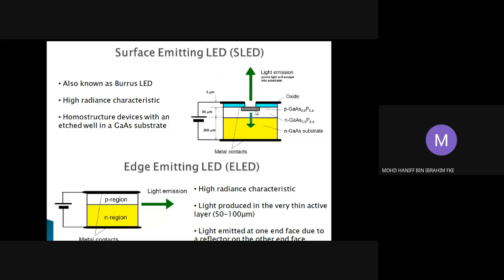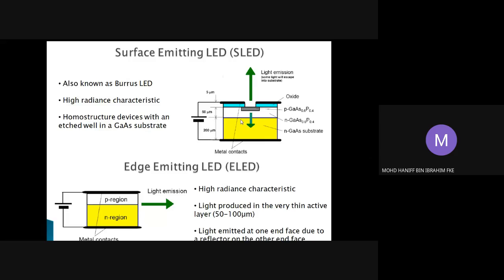A PN junction with the dimensions of the N semiconductor width, the substrate thickness, and the N type thickness. We apply a forward bias: the positive terminal is connected to the anode, whereas the negative terminal is connected to the cathode.